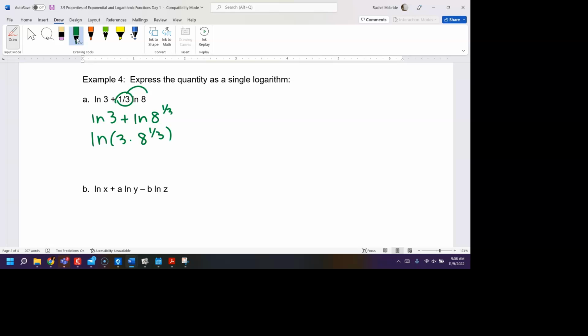And we know that 8 to the 1/3 is really just the number, so 2 times 3 is really... So coefficients in first.